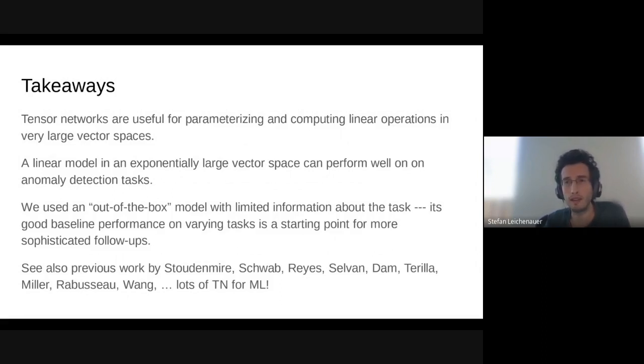In fact, I think that's the real message here: compared to the other models we looked at, tensor networks have the best average performance across many different kinds of tasks. And so my view, and our view, is that this gives a good baseline for future specialization.